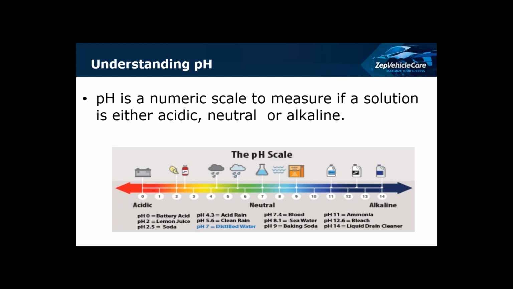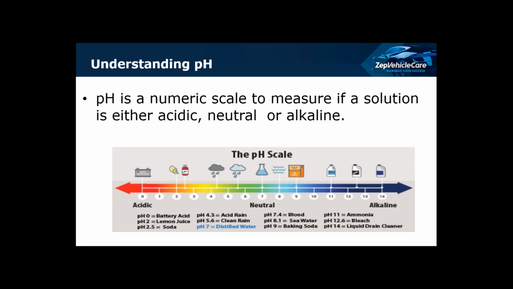So that makes the pH of 9 100 times stronger than 7. So it goes logarithmically from 7 to 8 to 9 to 10. It goes 10 times stronger, 100 times, 1,000 times. 11 would be 10,000 times, and then 12 would be 100,000 times stronger than 7. So that kind of gives you an idea of how the pH scale works.